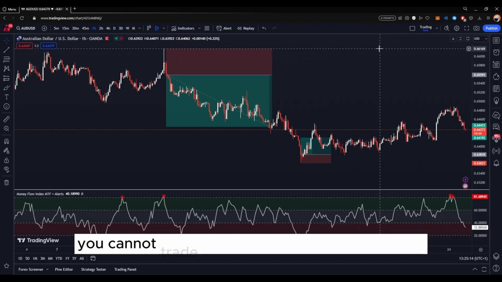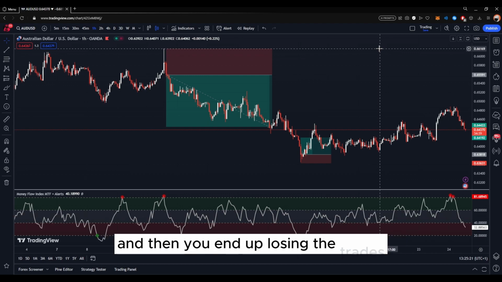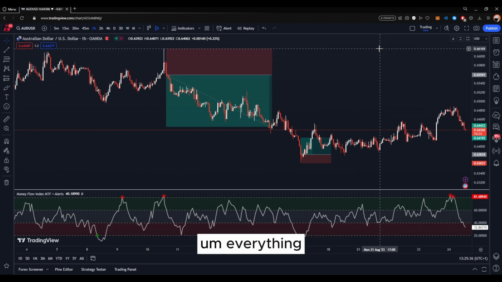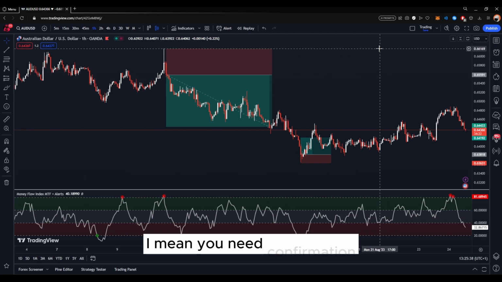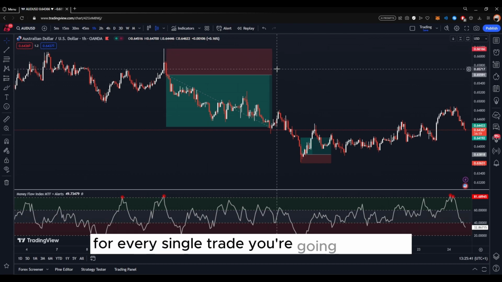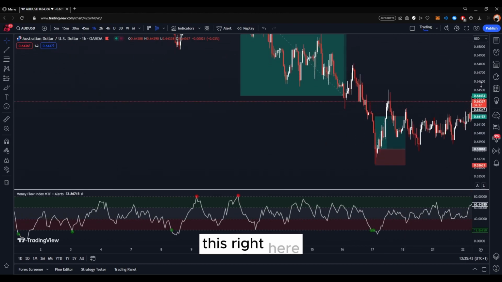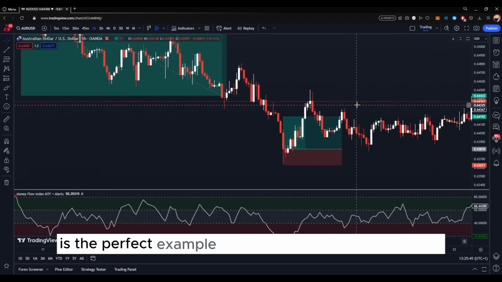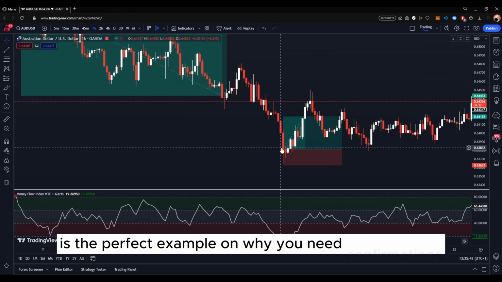You cannot trade right away, running to the signal, and then end up losing the trade because you did not wait for confirmation. That applies to every single trading strategy, with order blocks, support and resistance, everything. You need confirmation for every single trade you're going to open. This right here is the perfect example of why you need confirmations.